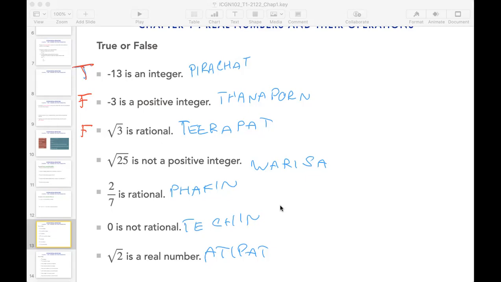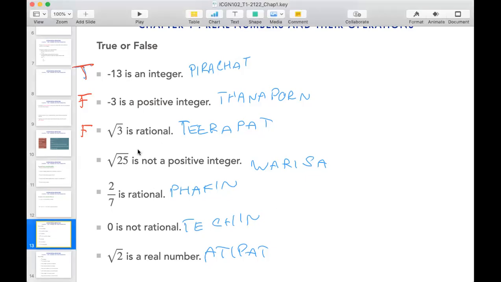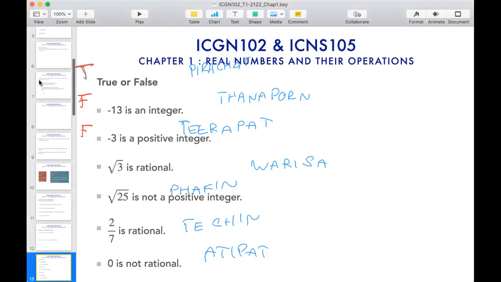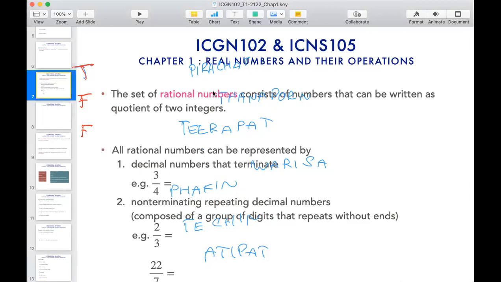What is a rational number? A rational number can be written as a quotient of 2 integers, right? In this definition, it says the quotient of 2 integers.